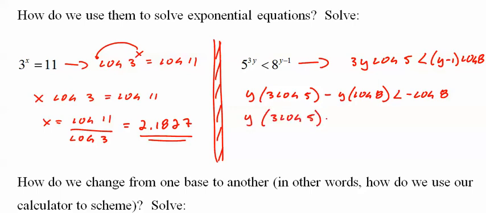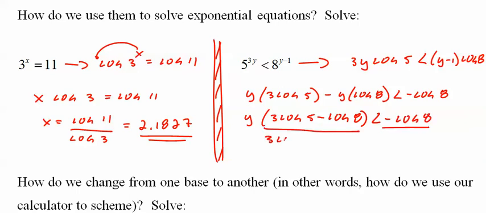Factor out the y. And by the way, you could do this by putting in decimals. I don't want to just because I'll be bouncing back and forth with my calculator. And that's annoying. And then divide out. So y has to be less than, and I'm using a calculator off on the side, parentheses on the top, parentheses on the bottom.